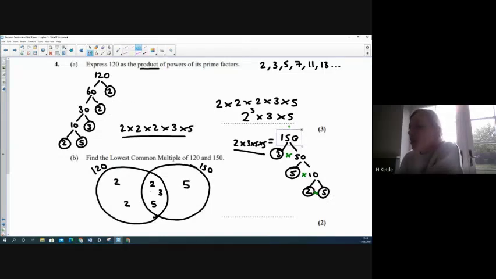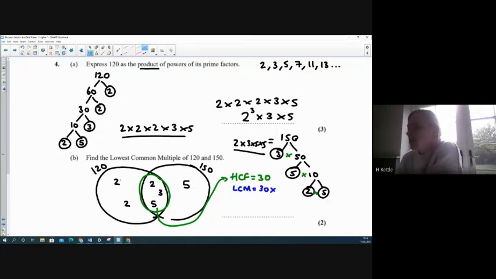Now, if I wanted the highest common factor, I would just multiply the numbers in the middle together. So the highest common factor is 2 times 3 times 5, which is 30. But because I want the lowest common multiple, I want to take that answer, 30, and times it by what's left on the outside.